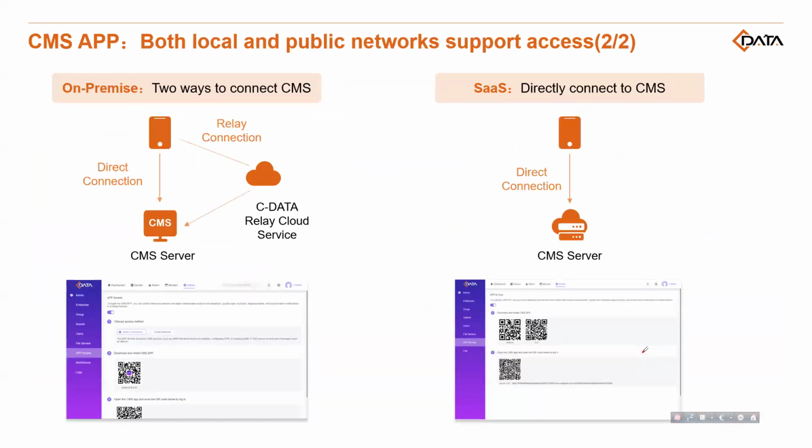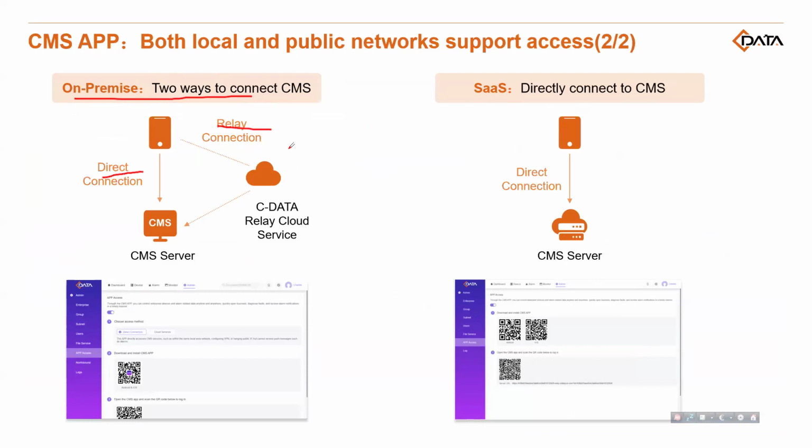Maybe you are curious about how the CMS app connects to the CMS service. For on-premise, there are two ways to connect to the CMS service: direct and relay connections. Both of them are easy to connect.